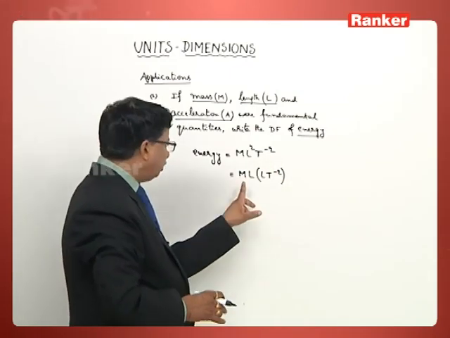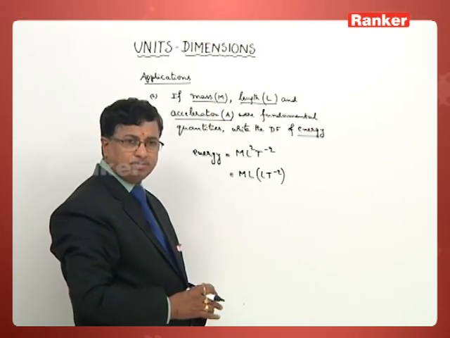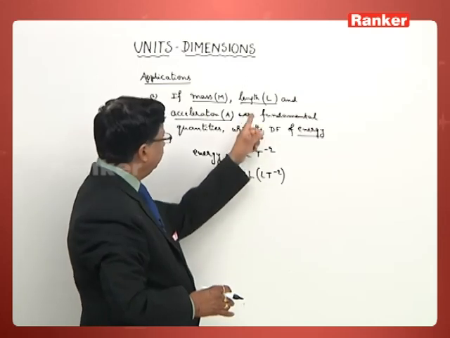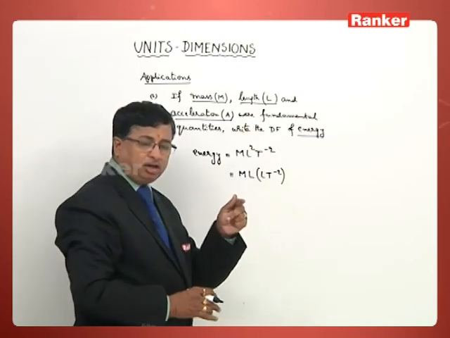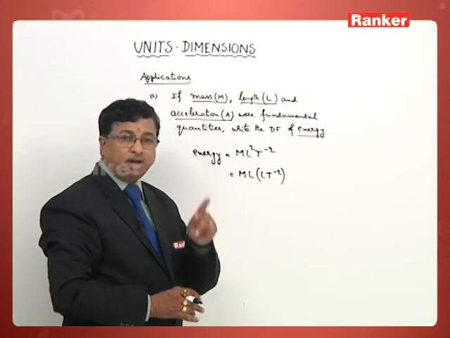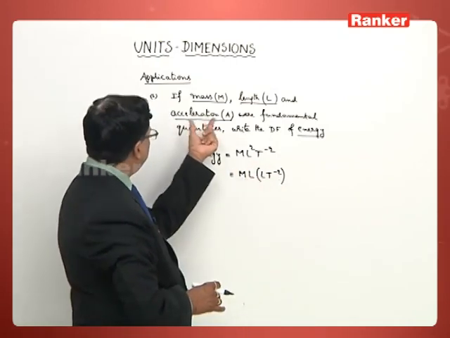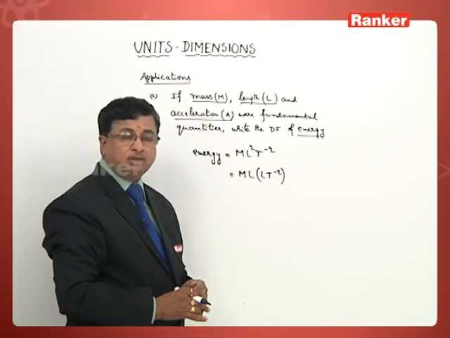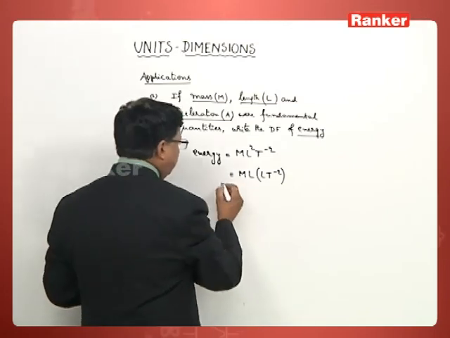Now, just look here: M, is it not mass? L, is it not length? And we know L T to the power minus 2 is the dimensional formula for acceleration. Therefore, in place of this, I can write acceleration as the third fundamental quantity. Now, what would be the dimensional formula for energy?